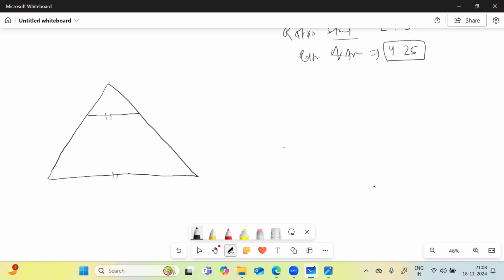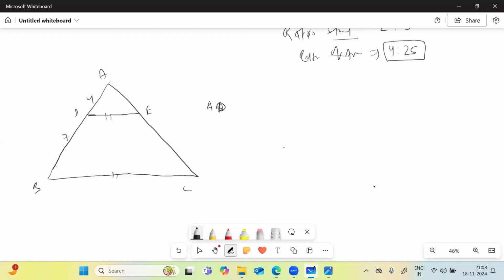And this particular parallel line divides the sides of the triangle in, let's say, 4:7. ठीक है. A, B, C. These data are given. D, E. I can write this data also.